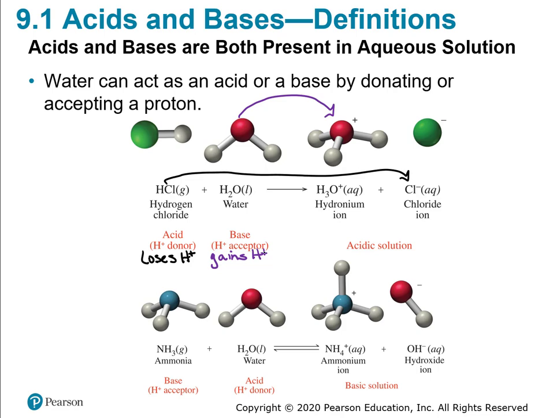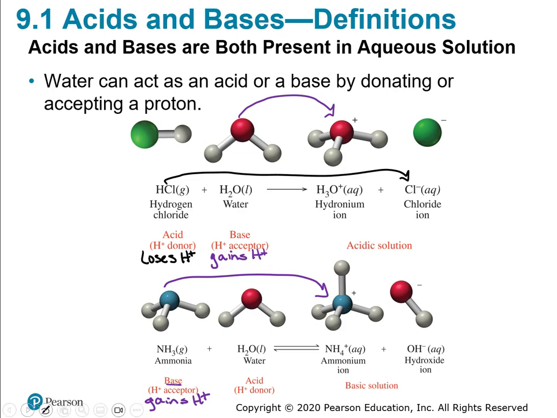So what would you say actually happens here? NH3 to NH4+. What happens? Gains a hydrogen. So if it gains a hydrogen, it is a base, just like the one above. The water gained the hydrogen in the one above, so the water in the first example is a base. And this one, NH3 becomes NH4+. It gains a hydrogen, so that makes it a base as well.